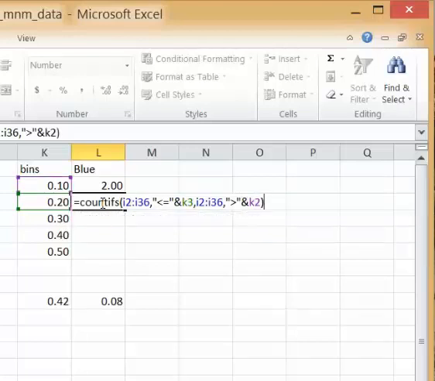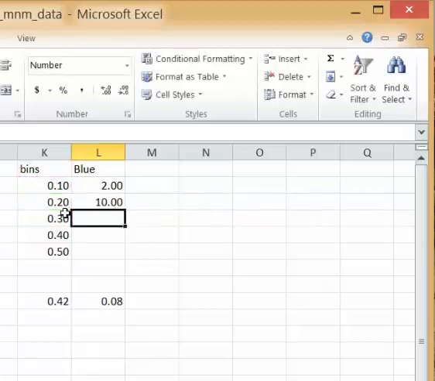Notice what we've done here is said that we don't want to double count the 2 that we've already counted. So the first part counts all of the values that are below 0.2, and then this second criterion will discard the 2 that are actually less than or equal to 0.1. And there are 10.